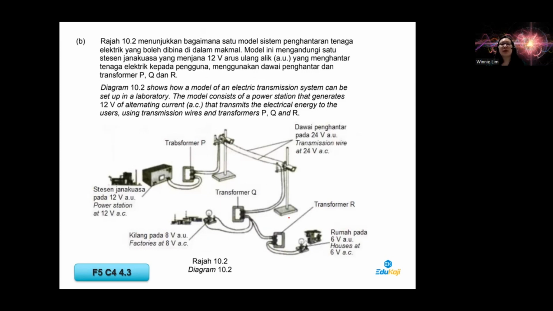Okay, so if you remember the application under transformer, what you have to do when the power is generated in a power plant. As you all know, when you want to deliver the current to all the houses, you really need a long journey. You need all these transmission cables. So during transmission, definitely there will be power loss.